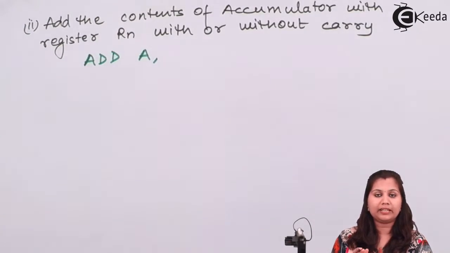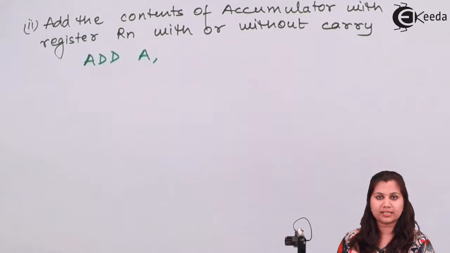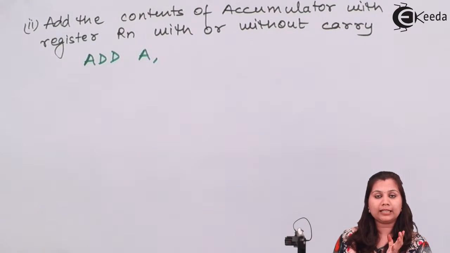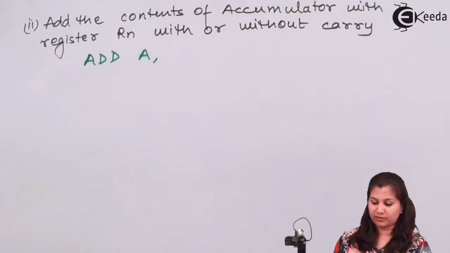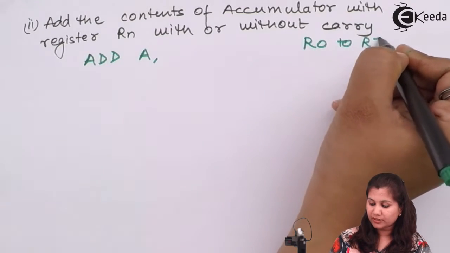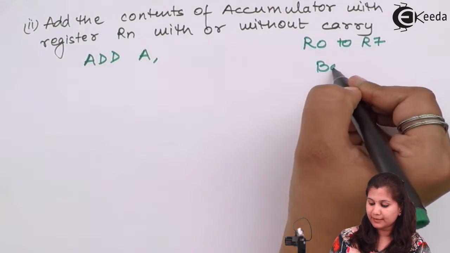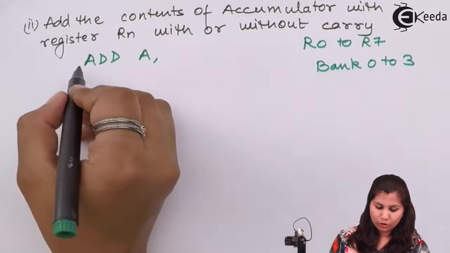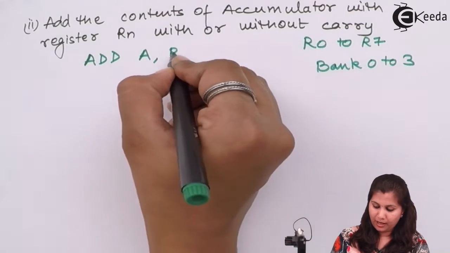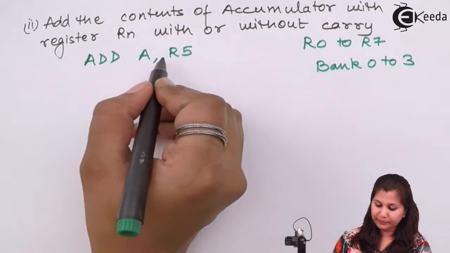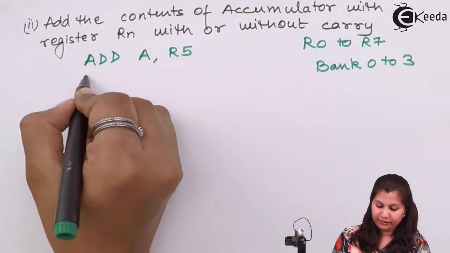This register can be any of the 8 registers of the 4 register banks in 8051. In 8051 we have 4 register banks, bank 0 to bank 3, and in these banks we have 8 registers, from R0 to R7. So add A comma R5: the 5th register of the selected register bank will be added with the accumulator without carry.